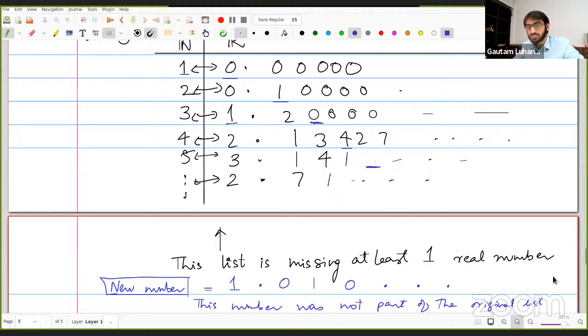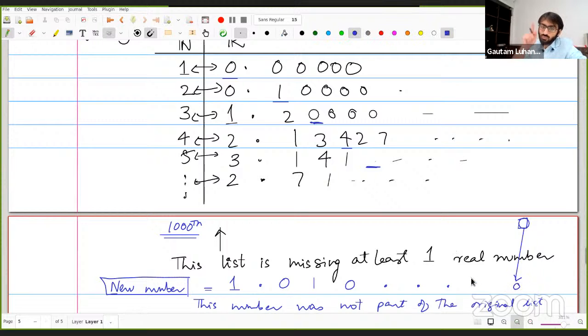So if this number was at the 1000th position, I'm saying that it is definitely different from the new number, because at the 1000th place, whatever entry I had, I switched that to something else. If it was a 0, I switched it to a 1, and if it was a non-zero, I switched it to a 0.